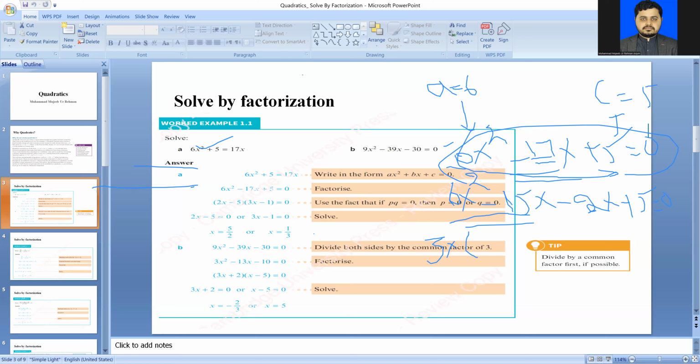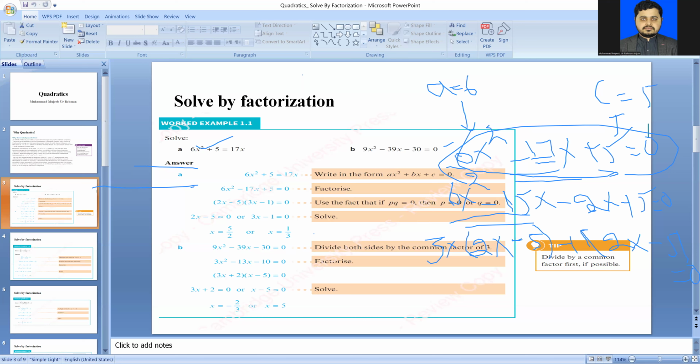And here we will have 2x minus 5, since 15 divided by 3 is 5, and just 1 here, minus 1 common, and this becomes 2x minus 5, and the result equals 0 on the right hand side.